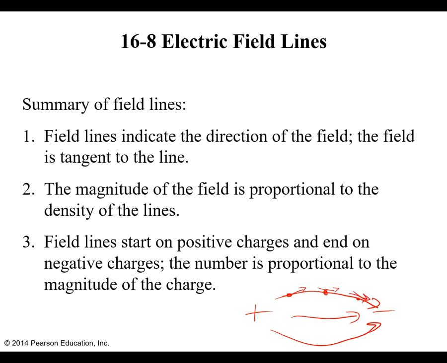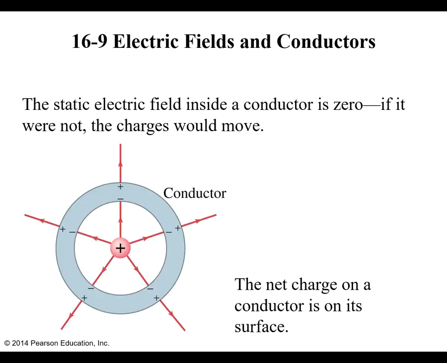Tangent meaning parallel to that surface. Number 2, the magnitude of the field is proportional to the density of the lines. The more lines you have, the stronger the electric field is going to be. 3, the field lines start on positive and end on negative, going positive to negative. And again, the number of lines is proportional to the magnitude of the charge.